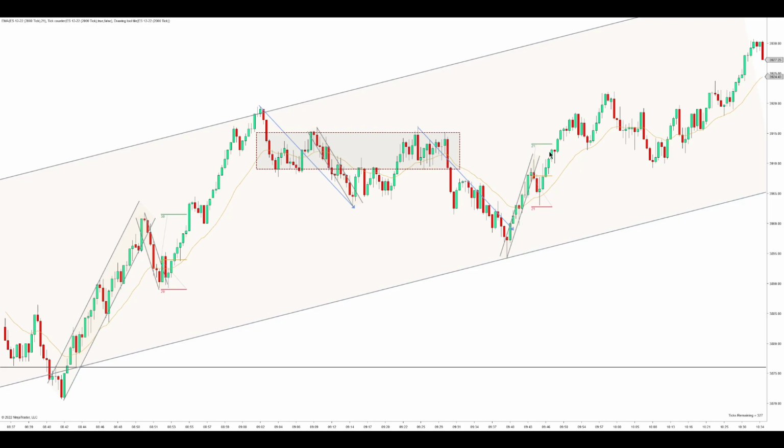And I see that it's a failed second entry, but to me, I don't even think of it that way. I just think of it as a higher low on a bigger picture, requiring a break of this uptrend here. So I thought of that as a perfect opportunity to continue higher. Yeah, so that's really what I was thinking there.